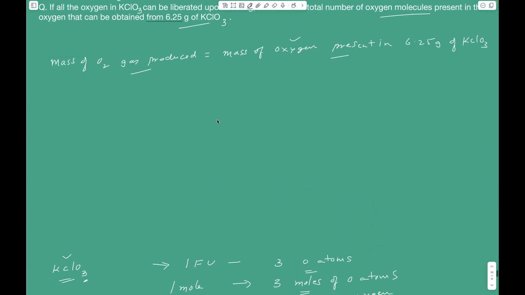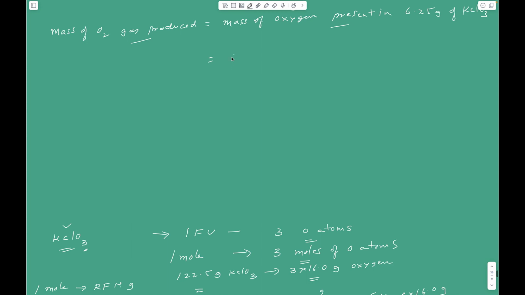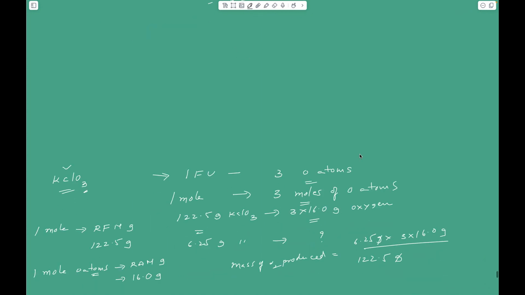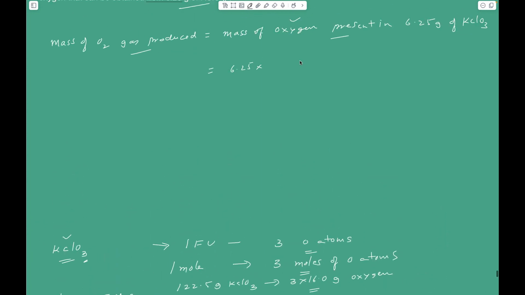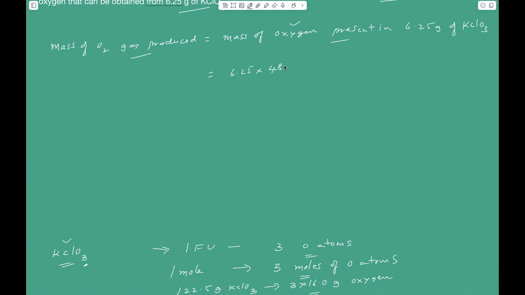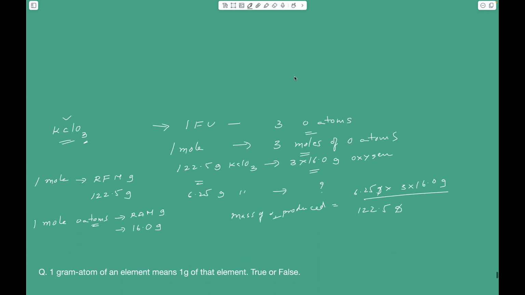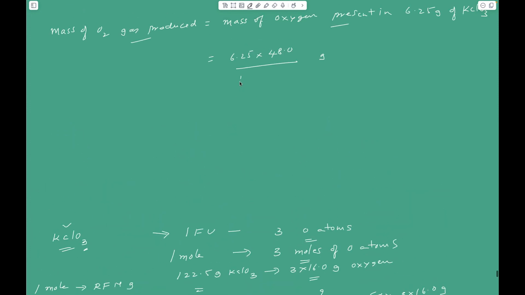So that is 6.25 times 3 times 16.0 is 48.0 grams over 122.5. This is the mass of oxygen.